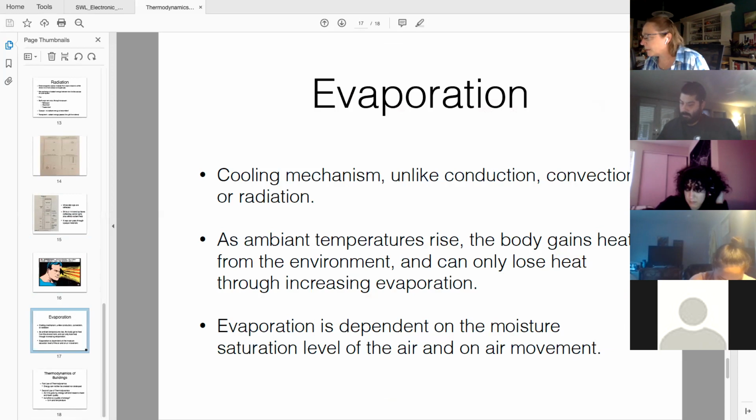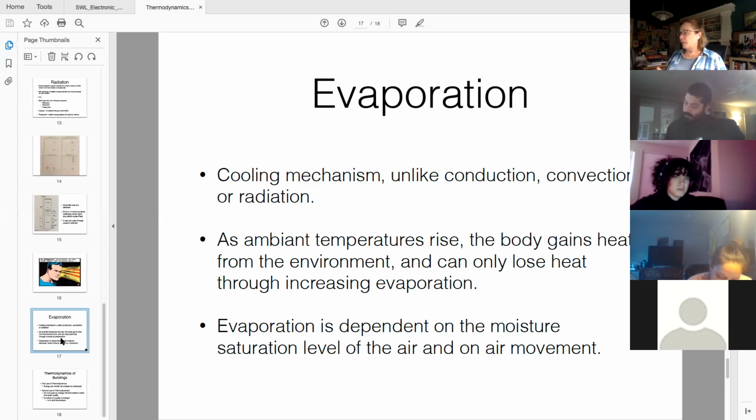A couple more concepts. We lightly touched on evaporation last week when we were talking about climate. This is not a method of heat transfer, but it is a cooling mechanism because of the removal of the latent heat from materials, or from pulling moisture out of the air.